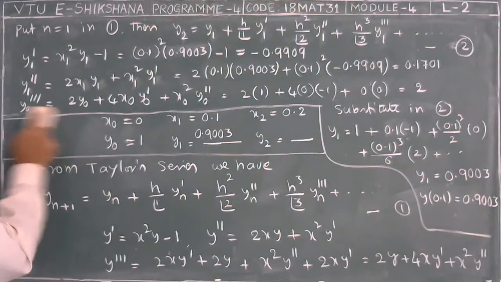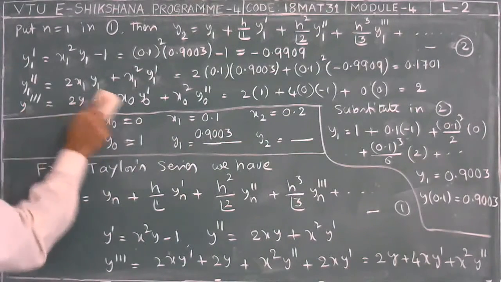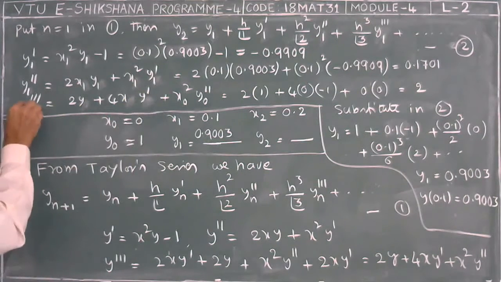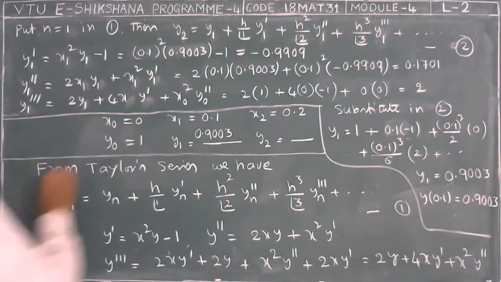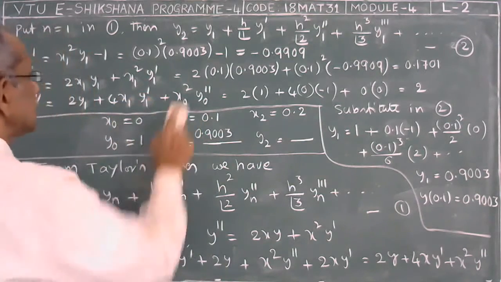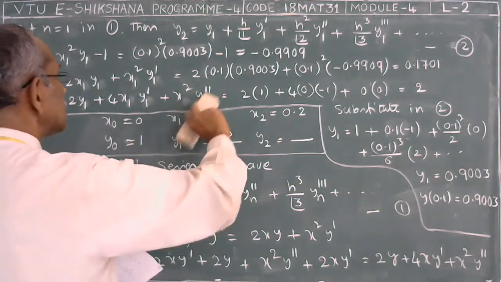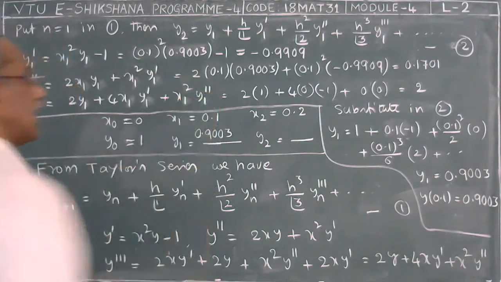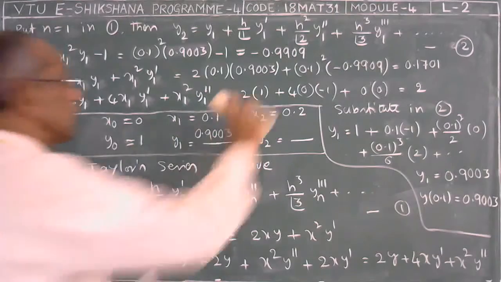Now, y1 triple dash. So y1 triple dash is 2y1 plus 4x1 y1 dash plus x1 square into y1 double dash.